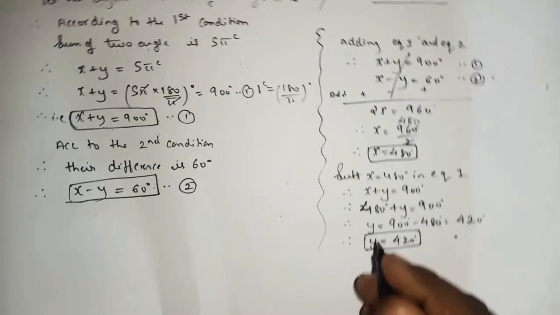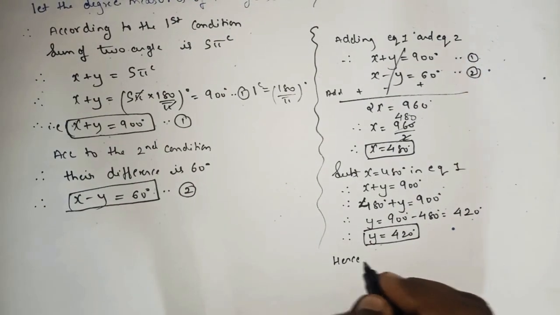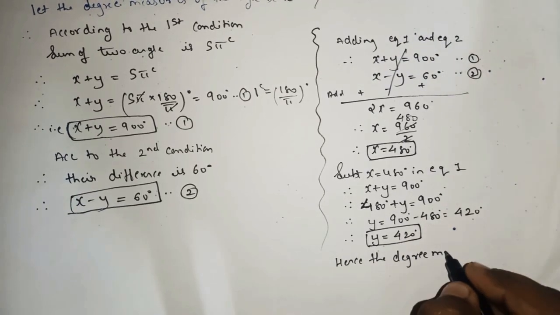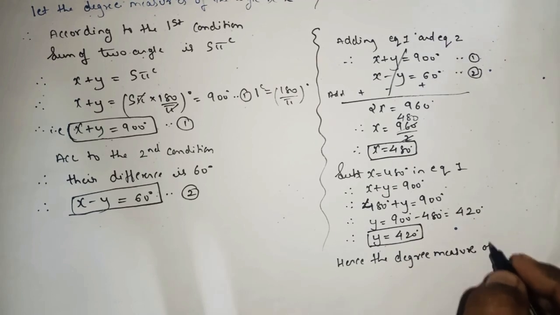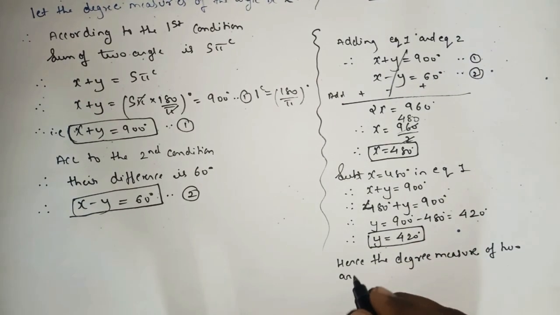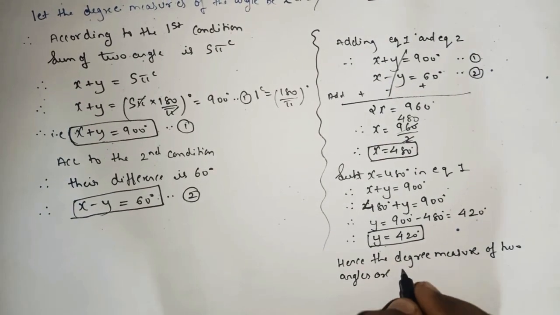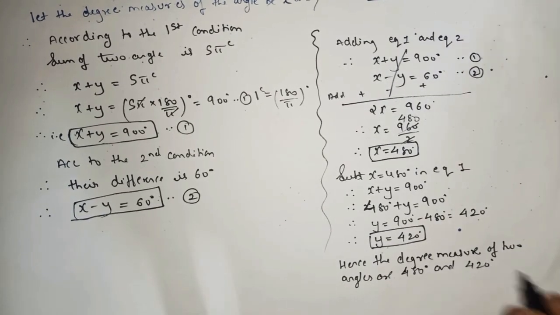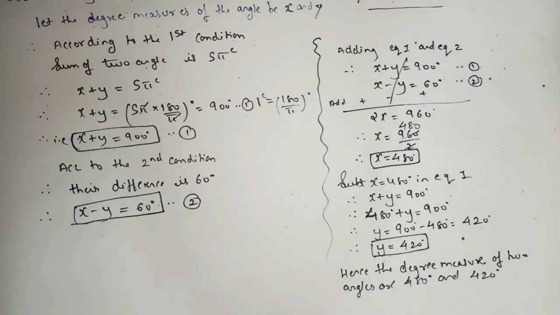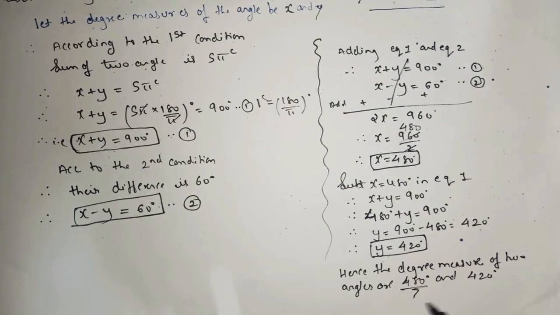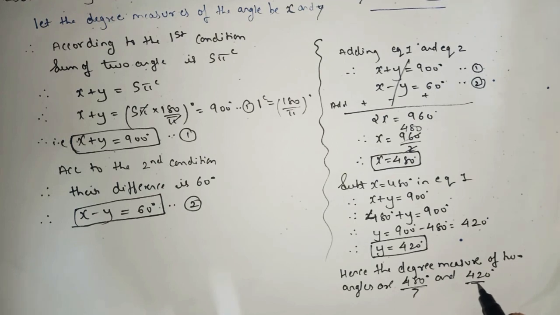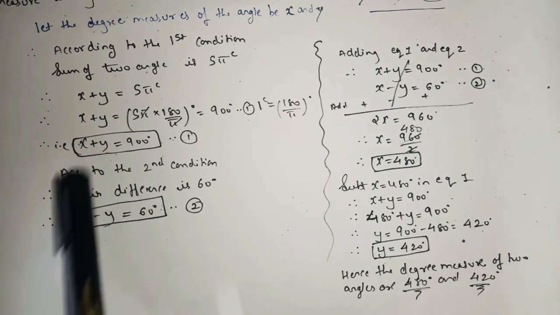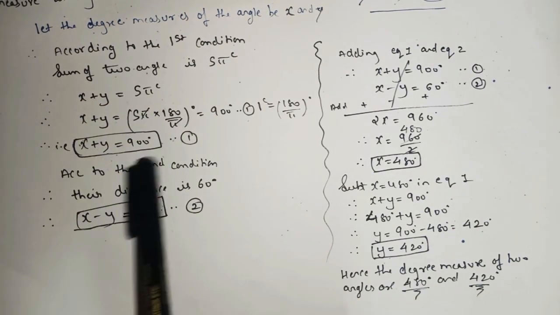Okay, so hence the degree measures of the two angles are 480 and 420 degrees. And we can check whether our answer is right or wrong. Simply substitute the values of x and y in any one of these equations and check whether we are getting the right hand side.